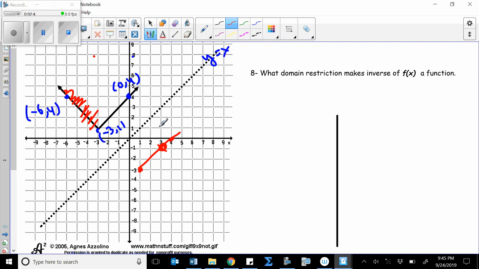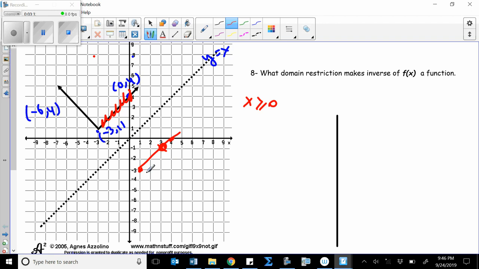So how did I make this? By restriction over the domain. So I only took the x values which are greater than -3, because from this point we took off the graph. So it's only x's which are greater than or equal to 0. You could also do the other way, like you could take off the right side and only take the left side of the graph.